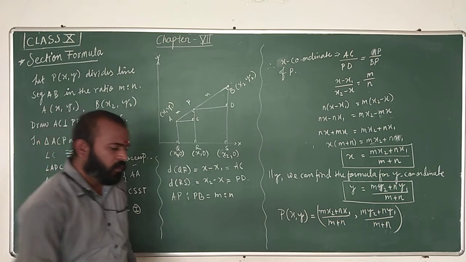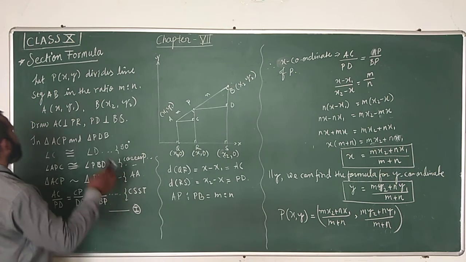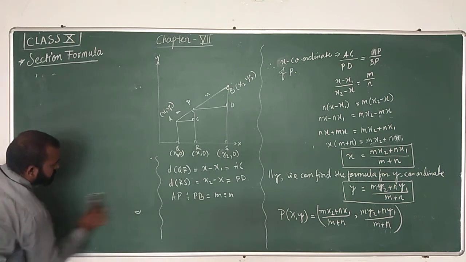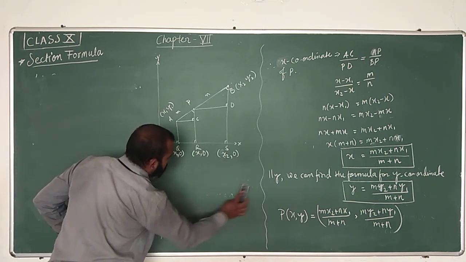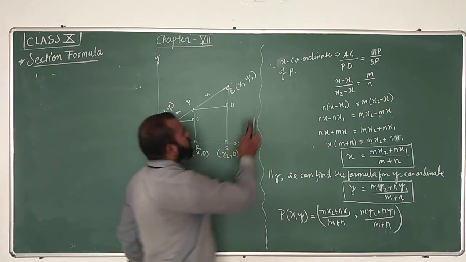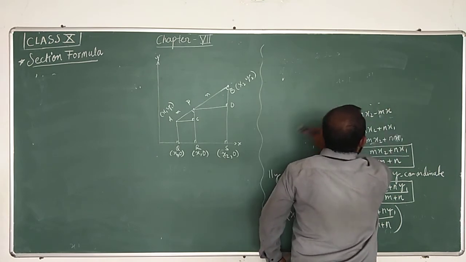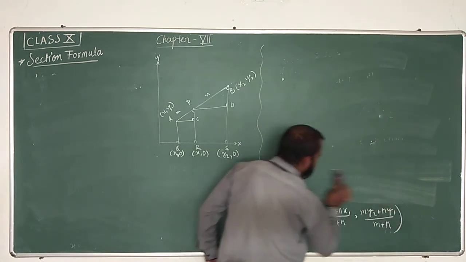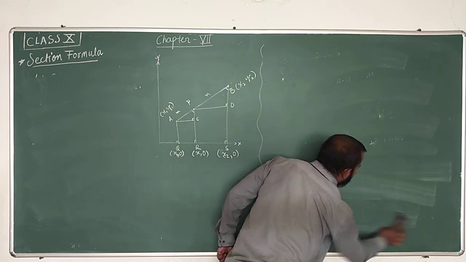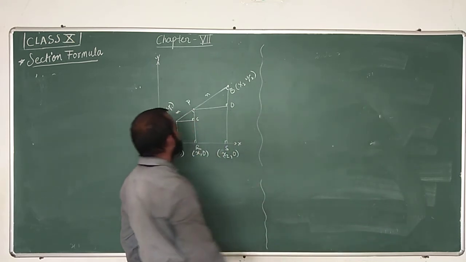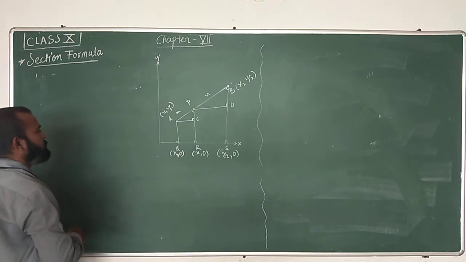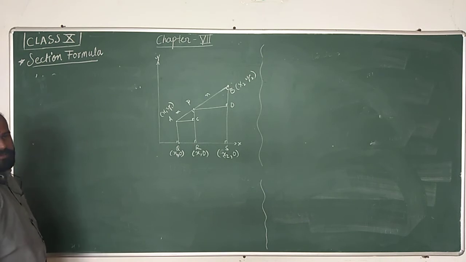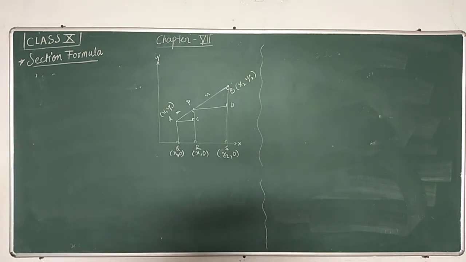Now again one thing is there here. If a point P becomes a midpoint, so what is that formula?